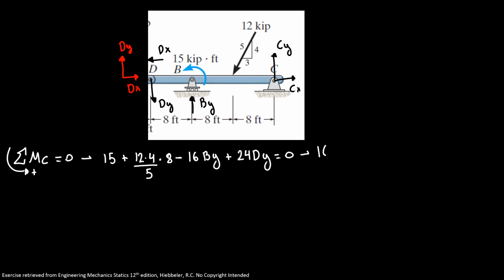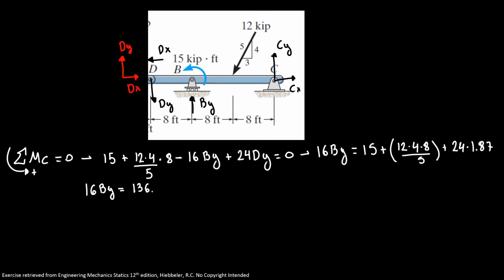So here we have 16 by, it's equal to 15 plus 12 times 4 times 8 over 5 plus 24 times 1.87. So here we have 16 by, it's equal to 136.68. So here we have by, it's equal to 8.54 kips. So here is our other reaction.